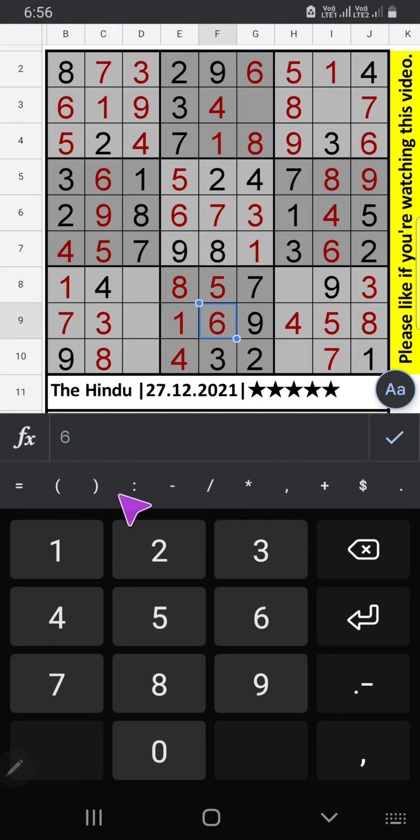In the ninth row only one number remaining, number 2 will be here. In this grid 2 numbers are remaining, 5 and 6. We have already 5 here, then 5 will be here, 6 will be here.